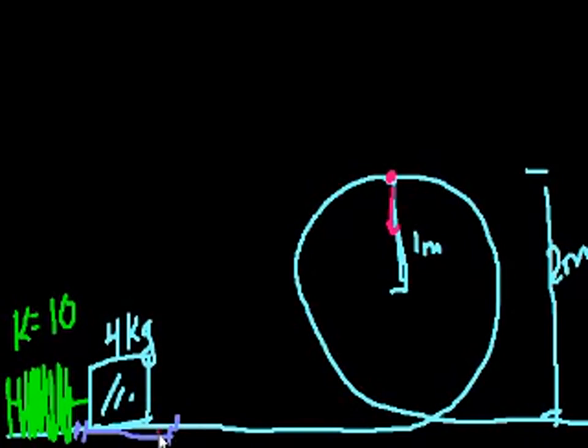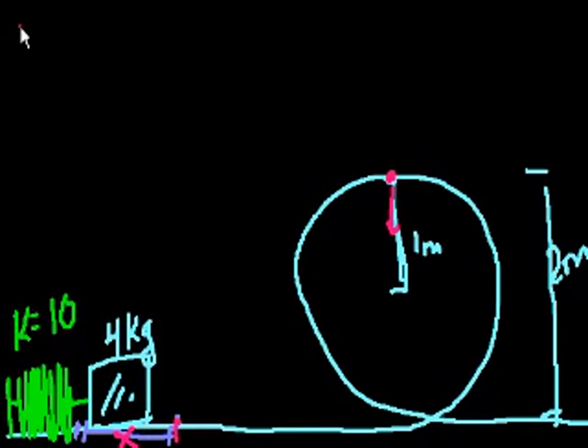So what we want to know is, how much do I have to compress the spring? What I'm essentially saying is, how much potential energy do I have to start off with in this compressed spring in order to make it up here? So what's the potential energy? Let's say I compress the spring x meters. In the last video, how much potential energy would I then have?